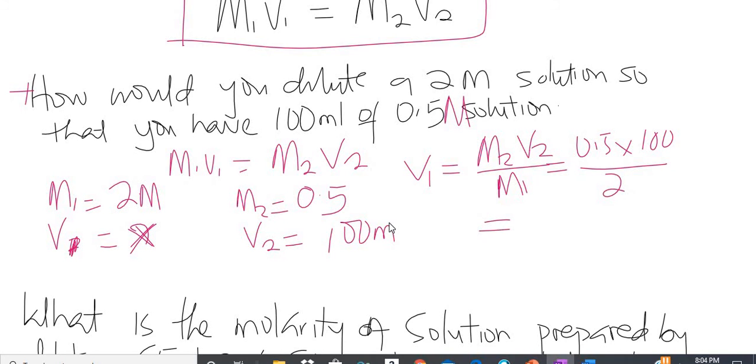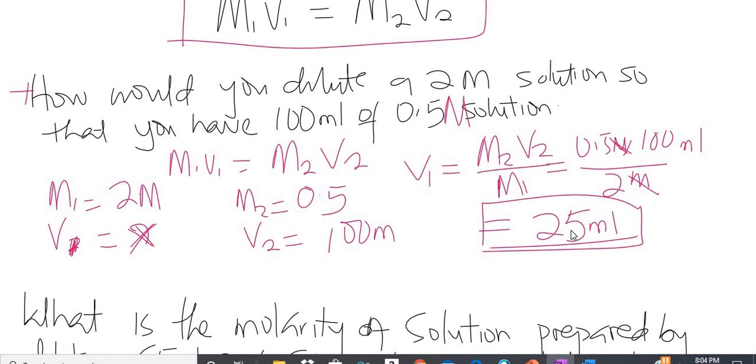We plug that into our calculator and it gives us 25 mL. The mL units cancel out, and the volume that we need, which is V1, is 25 mL.